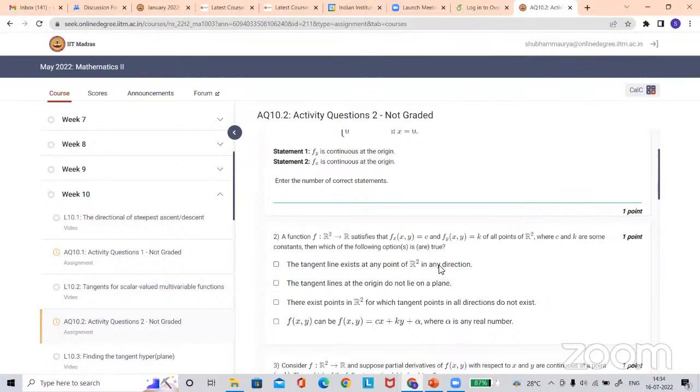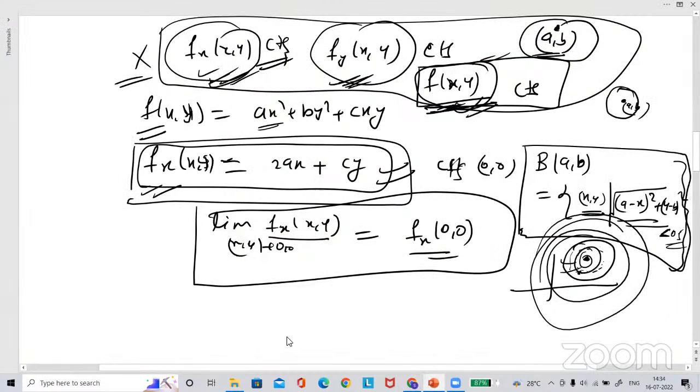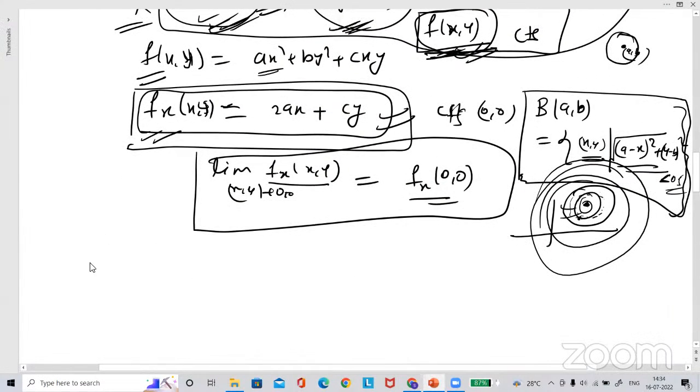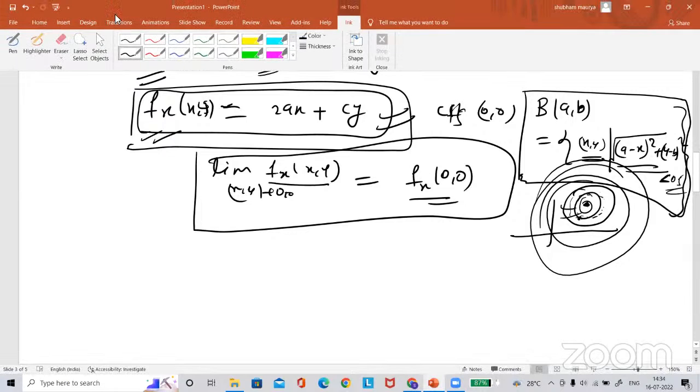Directional derivative is one kind of partial derivative. Partial derivative is one kind of directional derivative, right? What I'm saying is, partial derivative is one kind of directional derivative. What is the direction?